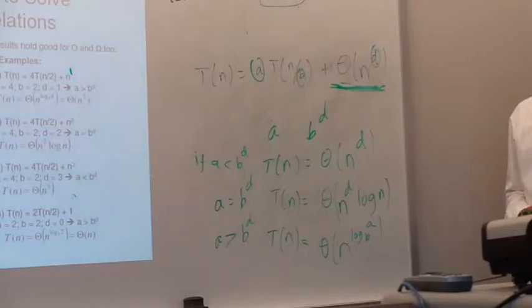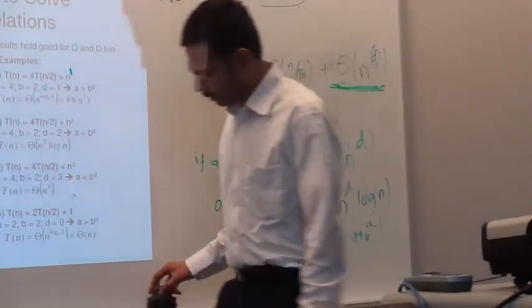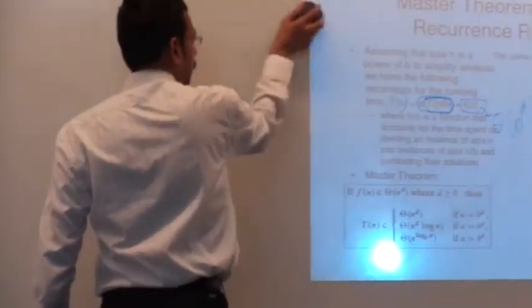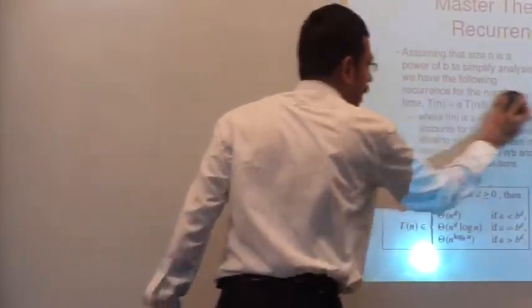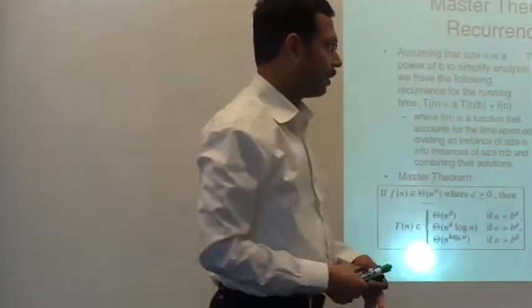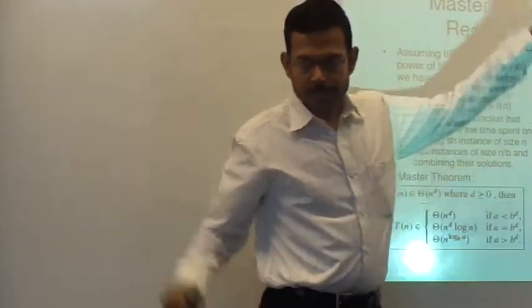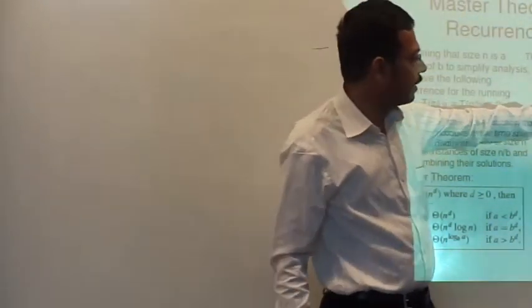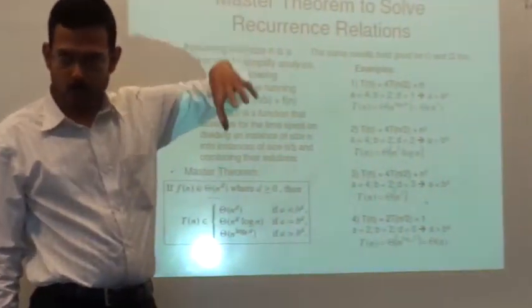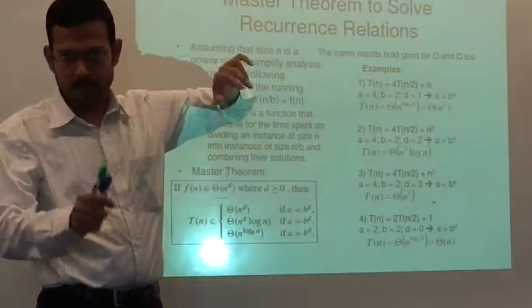Okay? So let's do some problems. Let's take up the first recurrence I have there: T of n is 4 times T of n over 2 plus n. So we are breaking a problem of size n into subproblems, each of size n over 2. There may be some overlapping, right?